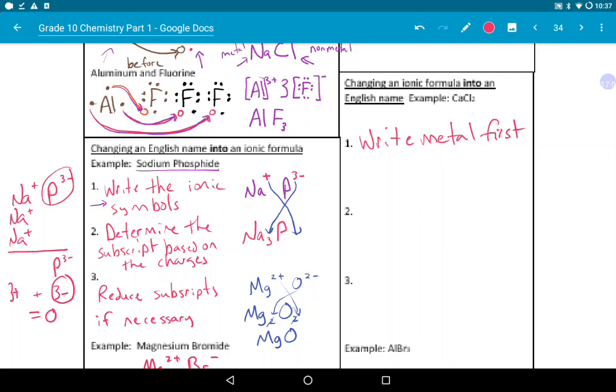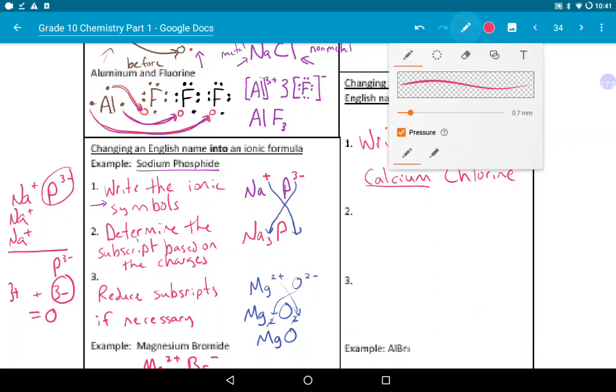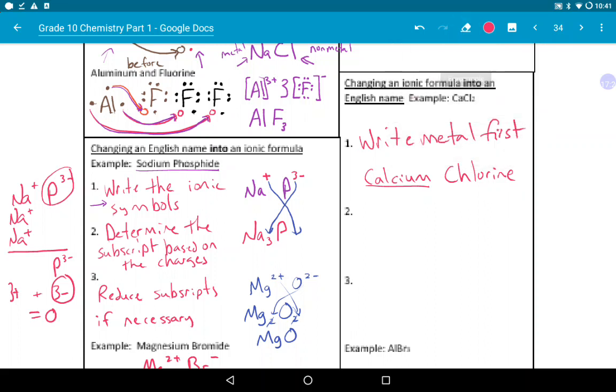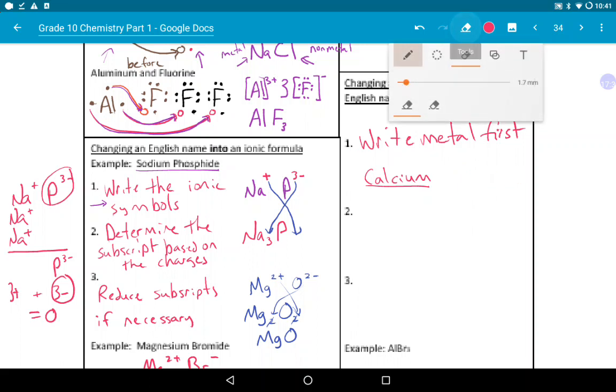Okay, so we write calcium and chlorine. Okay, so we write the metal first, calcium, and then we write the, actually probably shouldn't have written, let's leave this off for now, just for the steps.